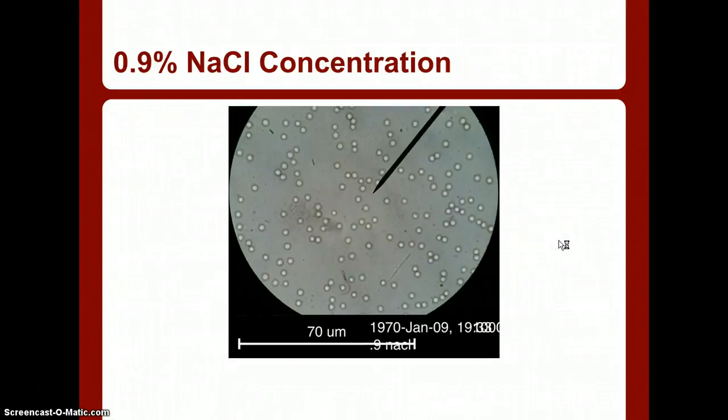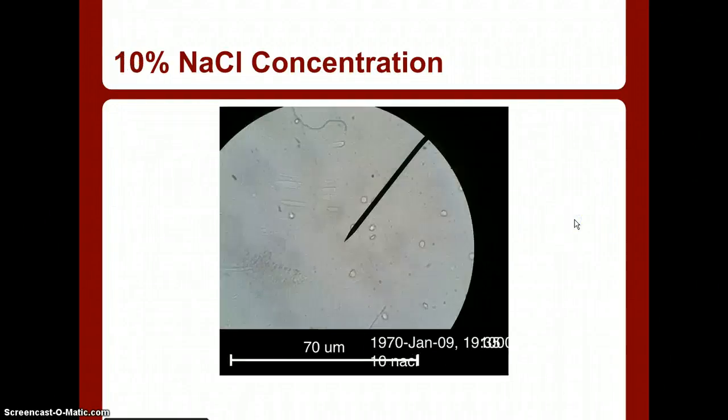Here are red blood cells at 0.9% sodium concentration, which is also the concentration of the red blood cells themselves, so the cells look generally normal. And here's the 10% salt concentration. As you can see, the cells that are here look shriveled or shrunken or crenated, which is exactly what they did.